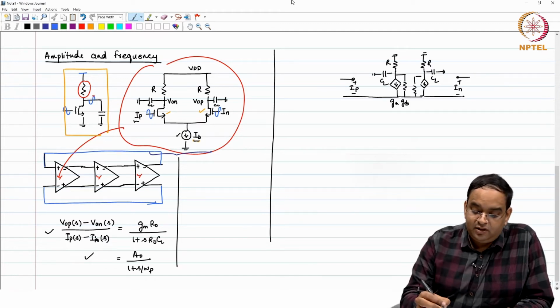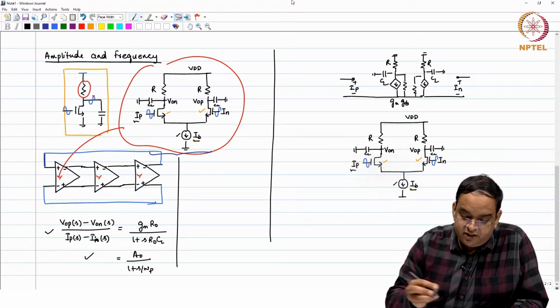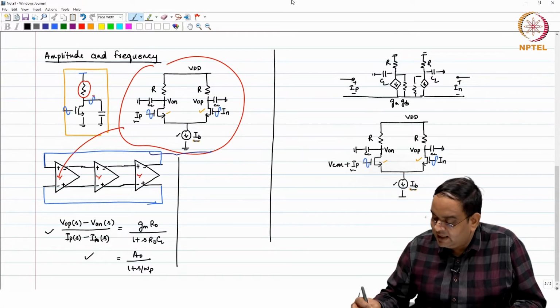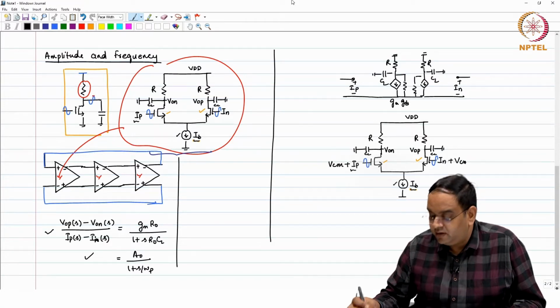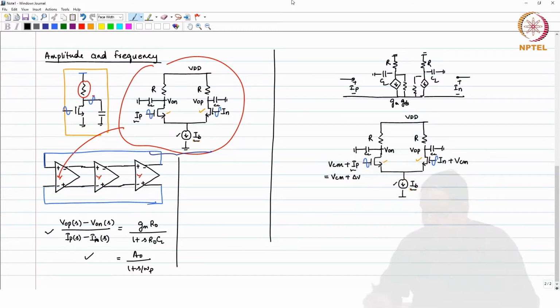So, the signal which you are having is VCM plus IP here and VCM here, and if the input is differential then VCM plus IP can be VCM plus delta V and this can be VCM minus delta V. So, when delta V is equal to 0, at that time the current which is flowing in each branch is actually IB by 2.